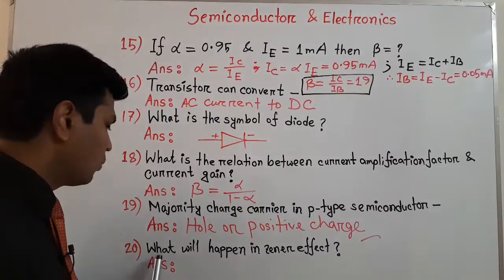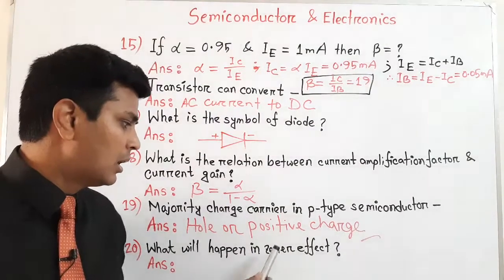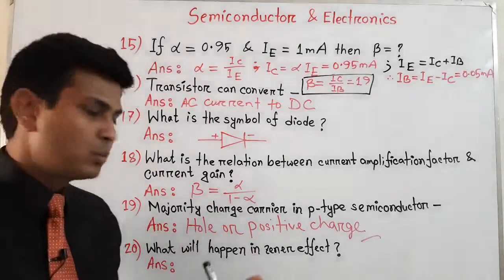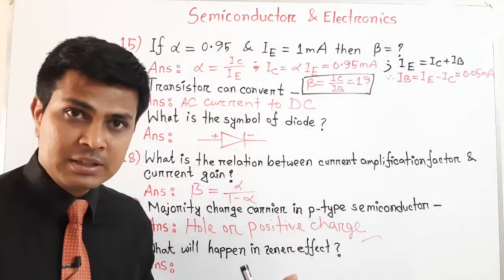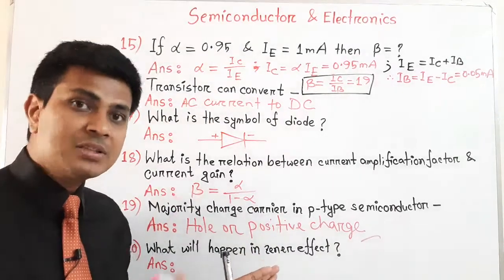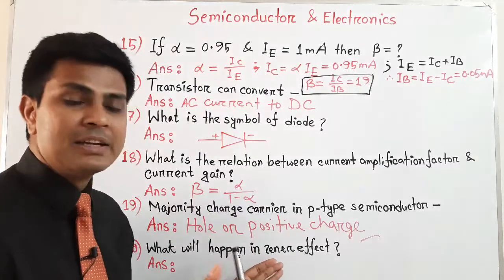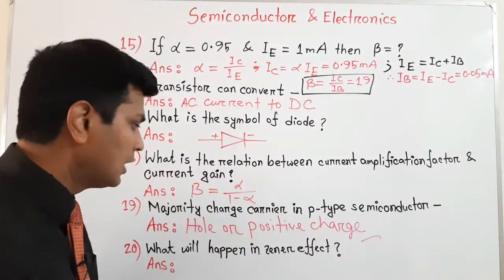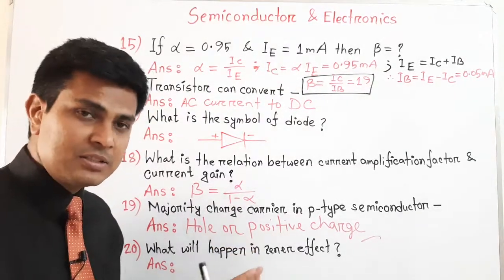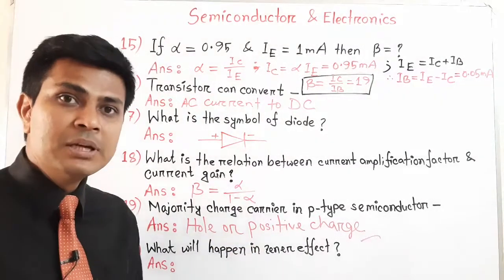The question is, what will happen in the Zener effect? In reverse bias, we can see the Zener voltage. That means the voltage at which the current will increase gradually, or the current increases many times more than before. At that time, the resistance of the diode will be decreased.